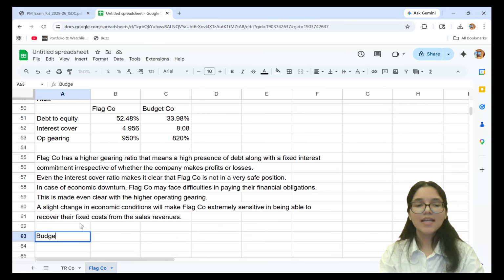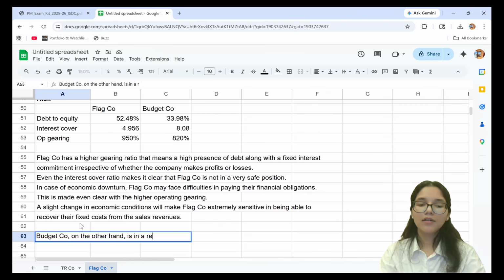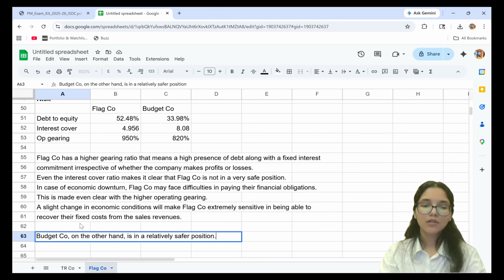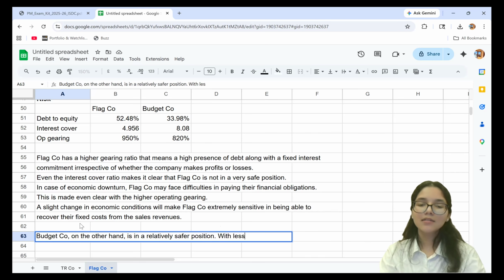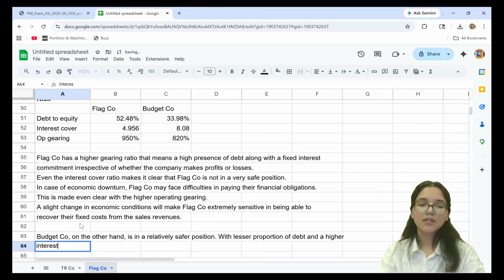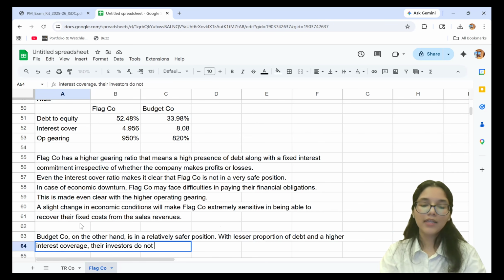In the same context, I will say the budget company, on the other hand, is in a relatively safer position with a lesser proportion of debt and a higher interest coverage. Their investors do not have to worry.